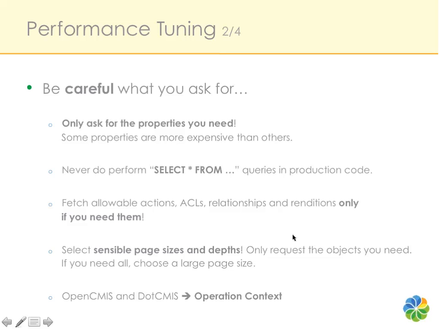If you don't need it, don't fetch it. Page sizes are the same thing. So if you have just 10 objects on your web page that you want to display, only get 10. There's no point in getting 1,000. On the other hand, if you know that you need all children or all hits of a query, make sure that your page size is really, really big. Otherwise, it will be split up in multiple calls, which is more expensive.